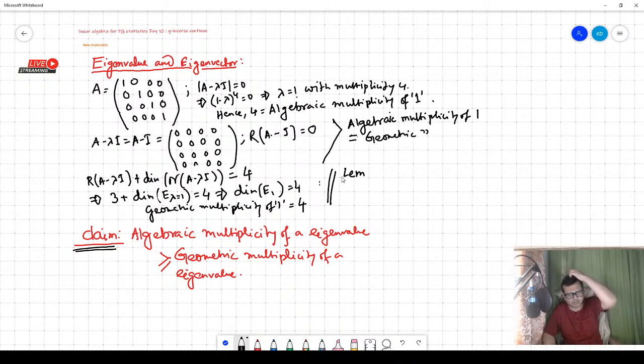And in the second example, I find that algebraic multiplicity is equal to geometric multiplicity. For this reason, I claim that the algebraic multiplicity should be at least the geometric multiplicity of an eigenvalue. So this is the claim, and I need to prove it.